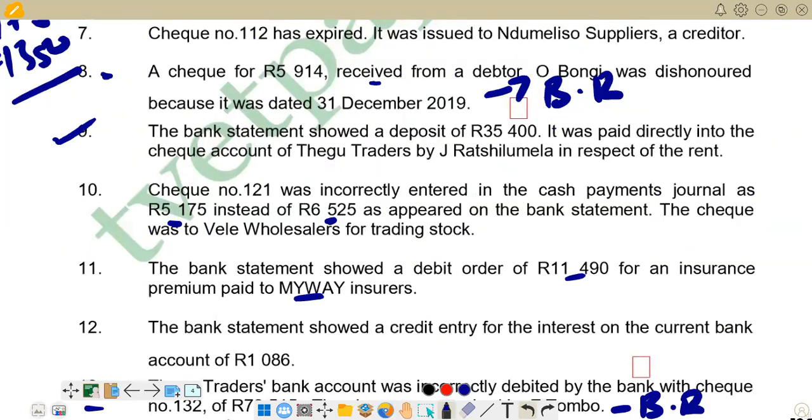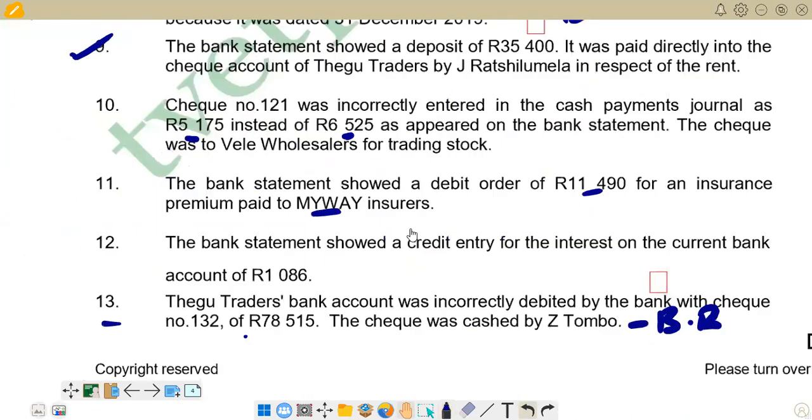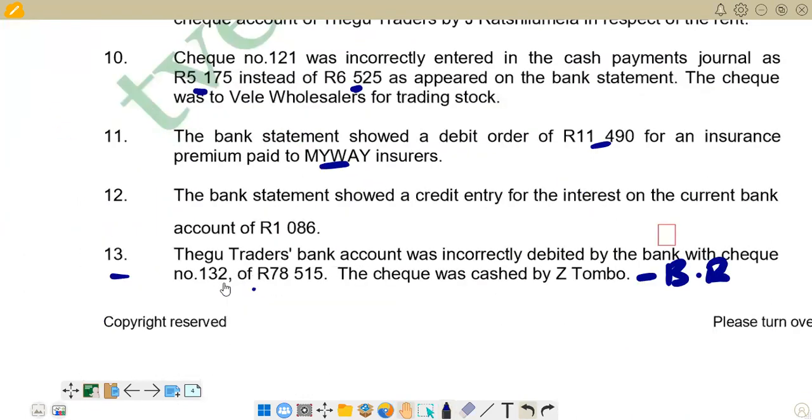The only one we are left with is this one: Tego Traders bank account was incorrectly debited by the bank with check number 132 of 78,515. The check was cashed by Z Tombo. So what does it mean?